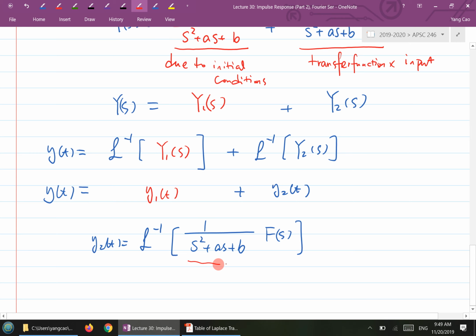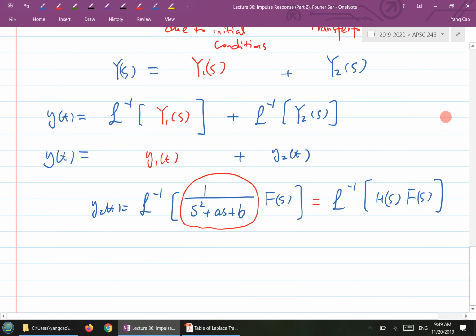And the first s function, this part of s function, is basically, as I said, your transfer function. So you're taking the inverse of the multiplication of the transfer function times the input Laplace transform.